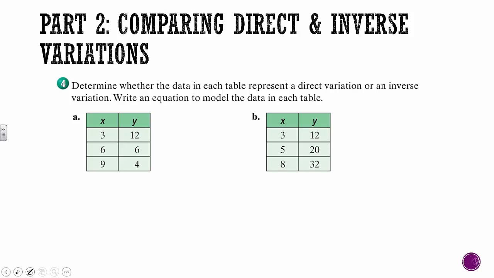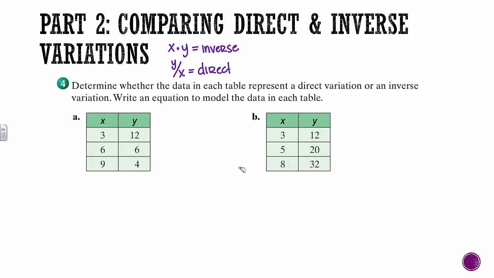So we're looking for two things. We need to check if x times y equals the same thing. If that's the case, it is inverse, that we just talked about. Or we need to check that y divided by x is the same, and in that case, it's direct variation.